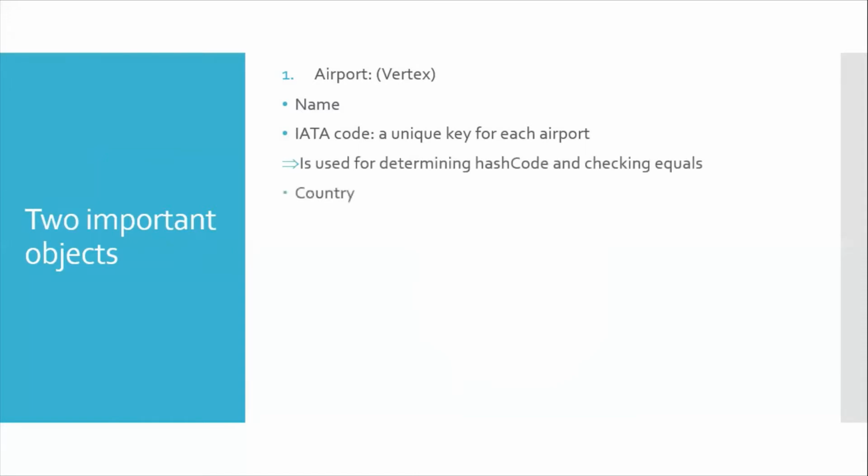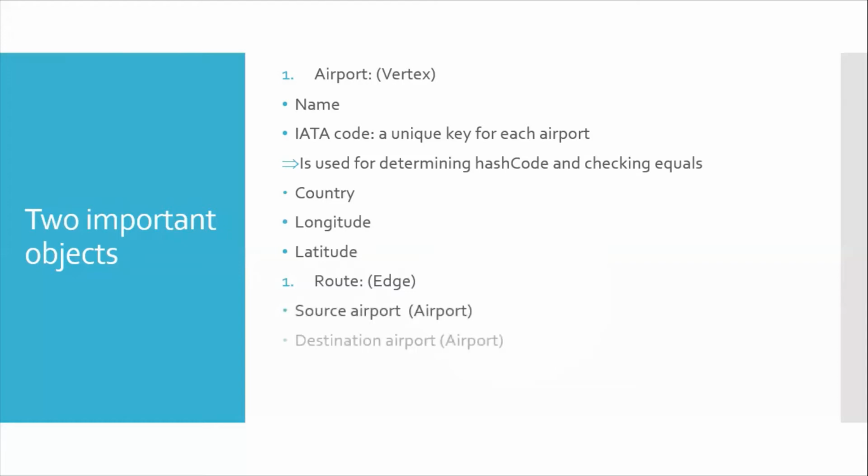Also, it stores the country, longitude and latitude of the airport. Secondly, the second object is the route, and it contains the source airport, destination airport, and the great circle distance between the two airports.